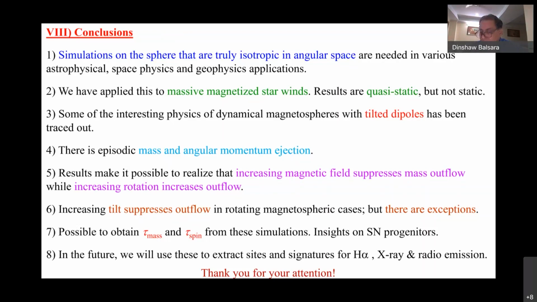Yes. So if you look at it in some kind of diagram, which I would call the M dot J dot diagram, like you have certain diagrams for pulsars, right?